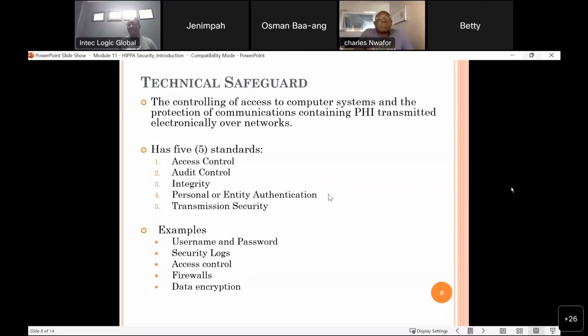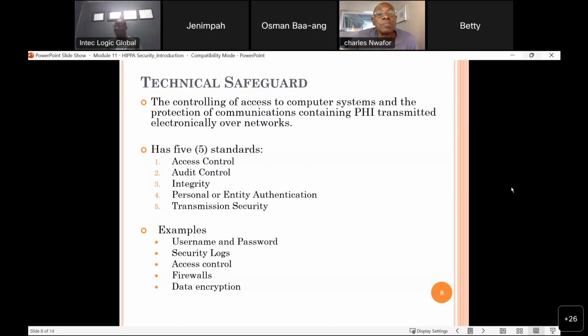Technical safeguards. Technical safeguards are the controlling of access to computer systems and the protection of communication containing PHI transmitted electronically over a network. Whenever you hear technical, that is where the cyber comes in, right? Something that is connected to the internet, something that is electronic. So the technical safeguards cover that area.